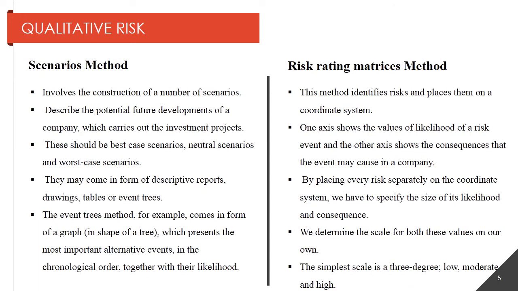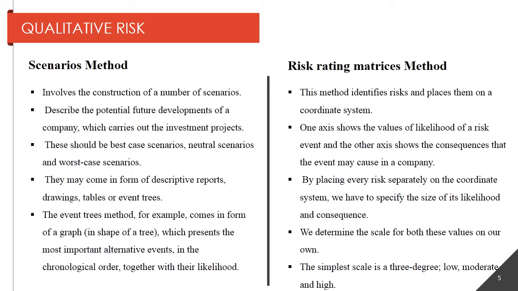The third method is scenarios method. This method involves construction of a number of scenarios. These scenarios describe the future or the potential future of the company. They can be categorized in three main categories: number one is best case scenario, second is neutral scenario, and the third is worst case scenario.